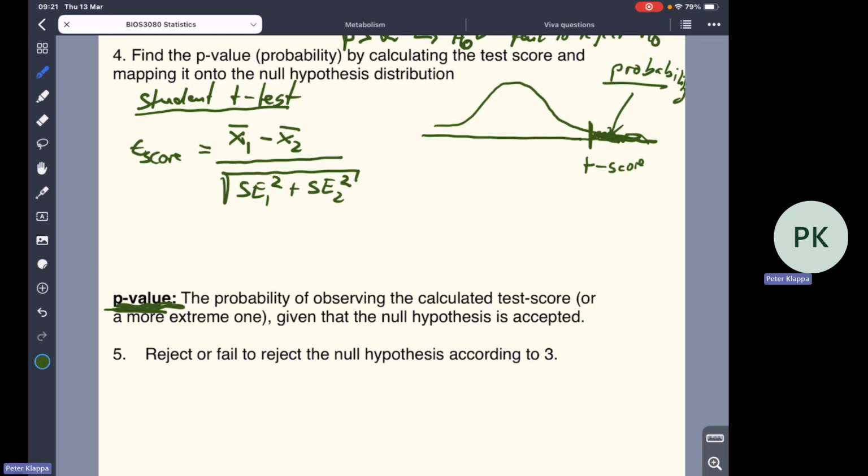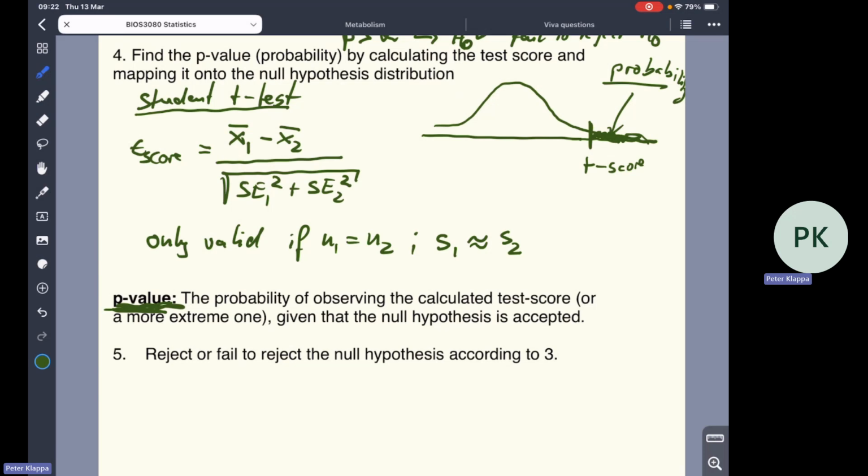But the classic t-test is only valid if N1, the sample size of sample 1, equals the sample size of sample 2, and S1, the standard deviation of sample 1, is similar to the standard deviation of sample 2.